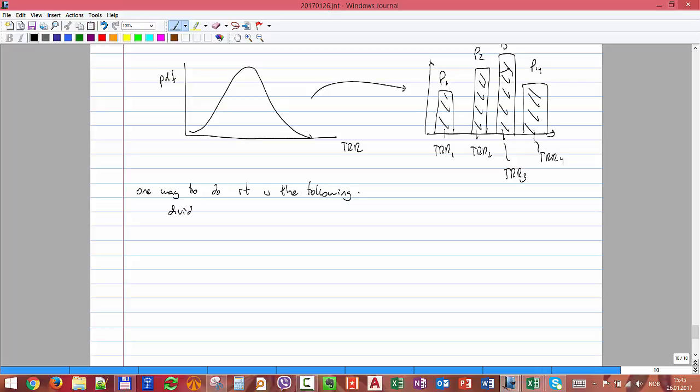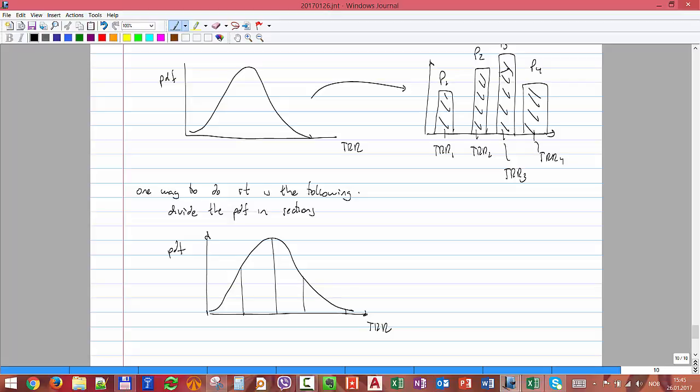Divide the PDF in sections. I divide, let's say, in 4 sections. And for each one of these sections, I'm going to calculate first the area under the curve.